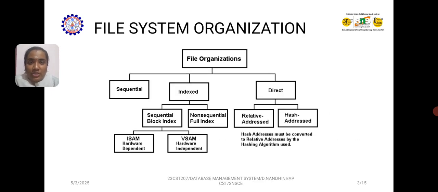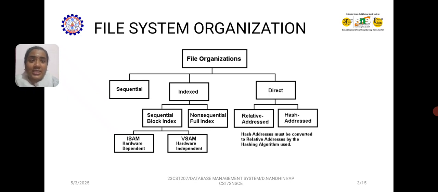File system organization. For file system organization, there are three different types of file system organization. First one is sequential, second one is indexing, and the final one is direct. Sequential is not separated into any types, but indexing has sequential block indexing and non-sequential full indexing.